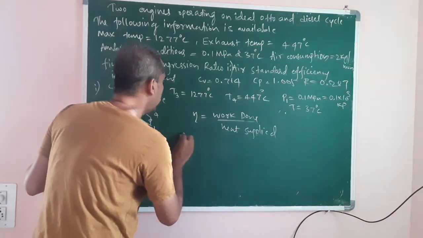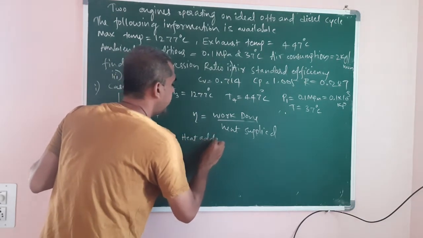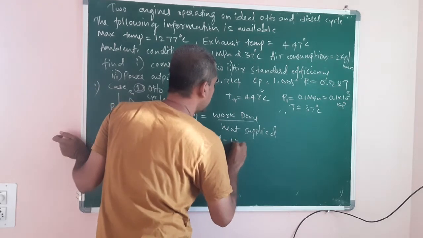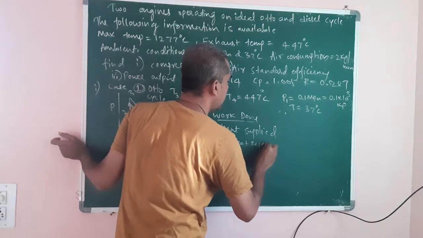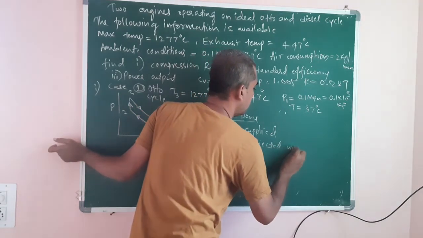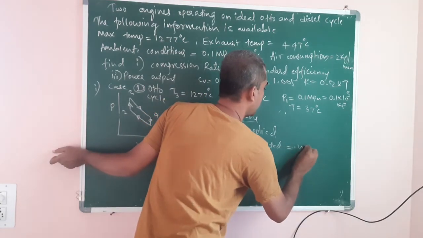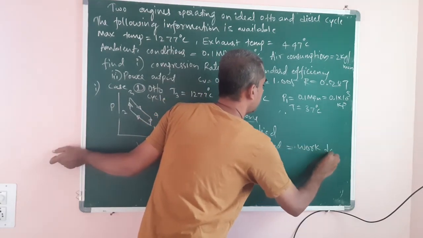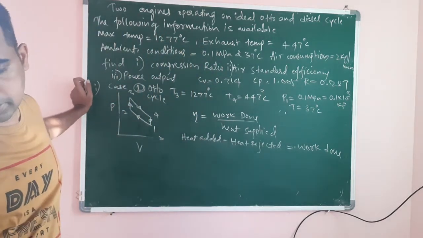But we know heat added minus heat rejected is equal to work done. Heat added minus heat rejected is equal to work done.